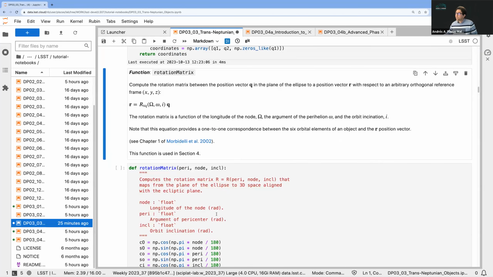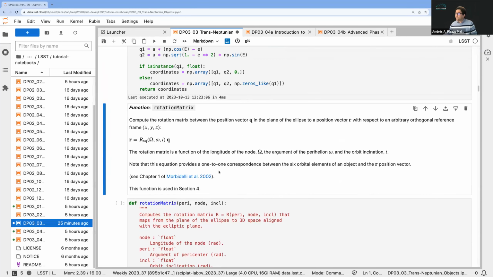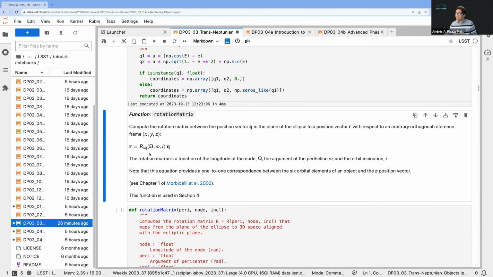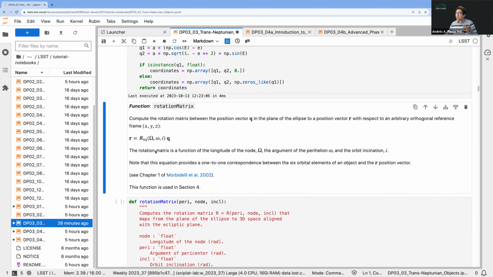And then we also have a couple of helper functions that are going to allow us to do a coordinate transformation between the plane of the ellipse and another, arbitrarily oriented, orthogonal Cartesian reference frame X, Y, Z. So you can go from that ellipse vector to the other coordinate frame by using a rotation matrix that is going to depend on the other remaining orbital elements.